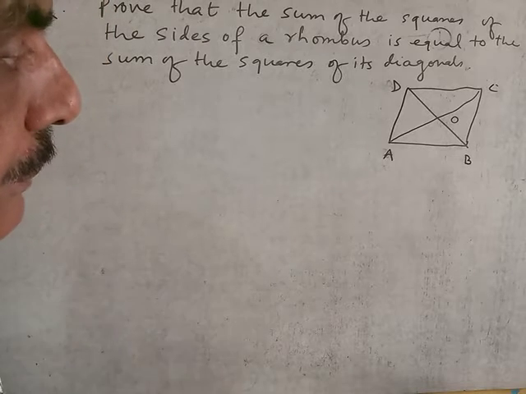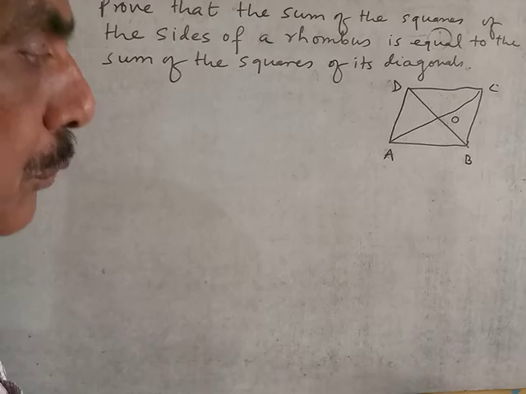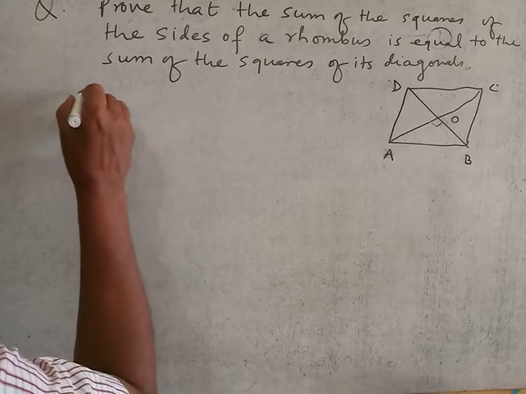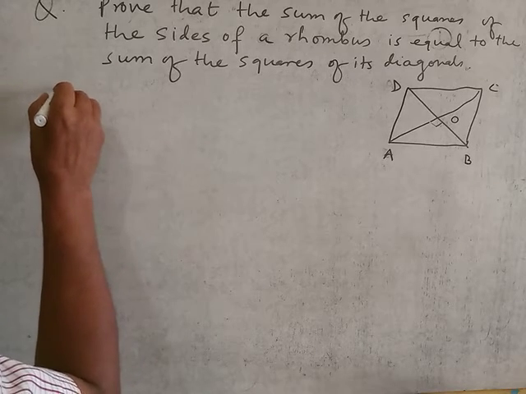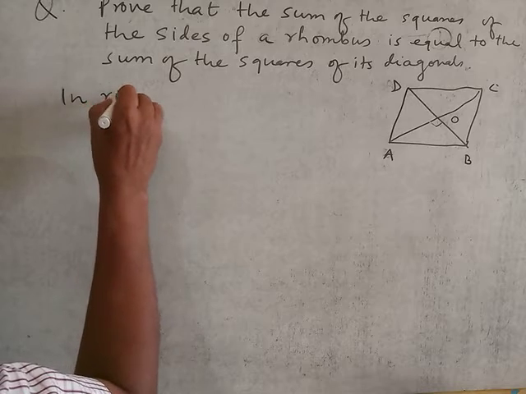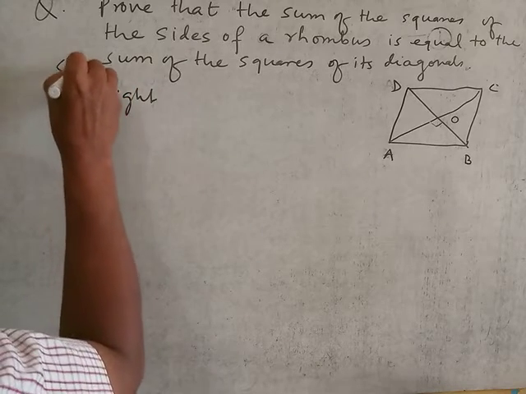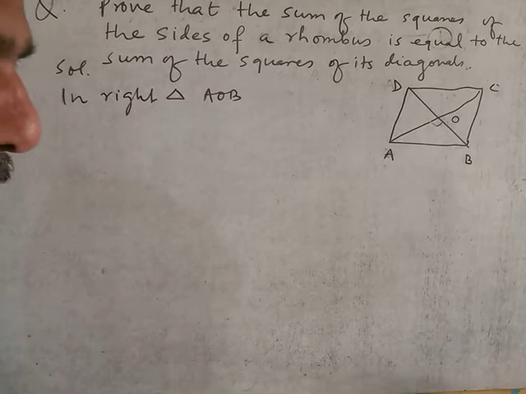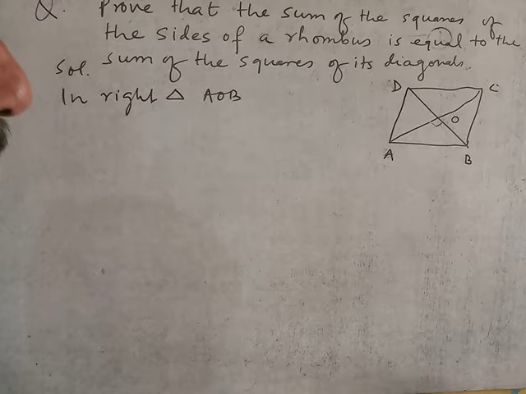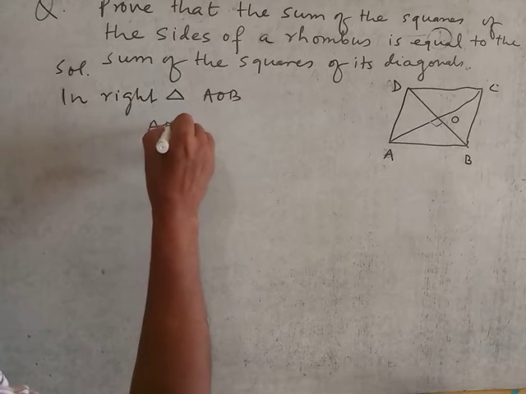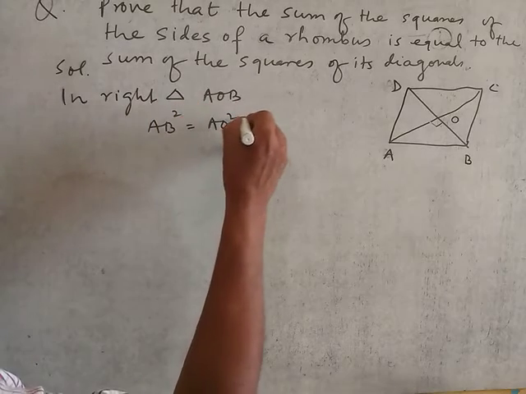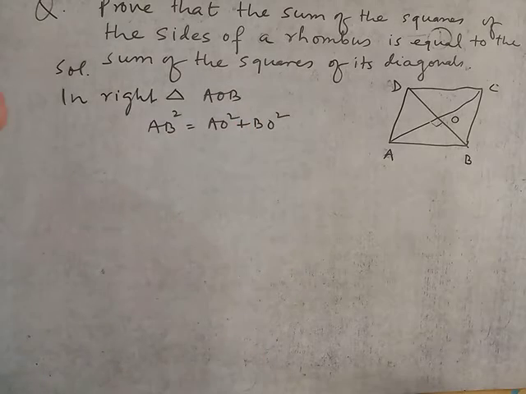So in right triangle AOB, the solution starts from here. In right triangle AOB, AB square is equal to AO square plus BO square.